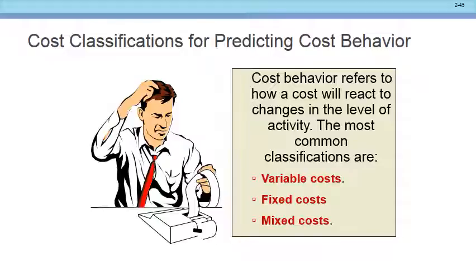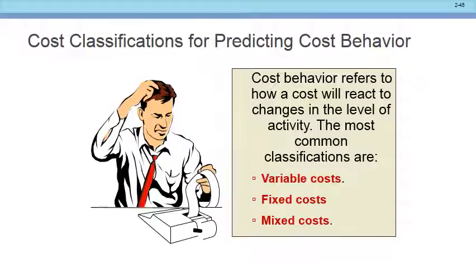Now go back to your supervisor. Your supervisor is going to be a mixed cost because you're sitting there and you have 10 sandwich makers. You only need one supervisor. When you go to your 11th, actually, a supervisor like that could actually be a step cost.